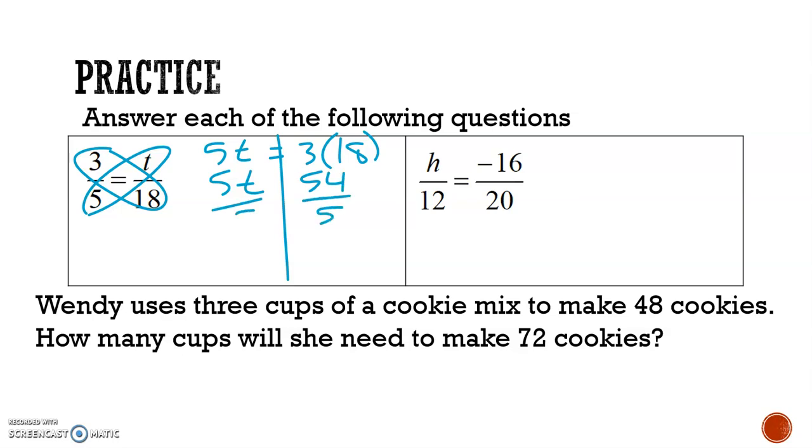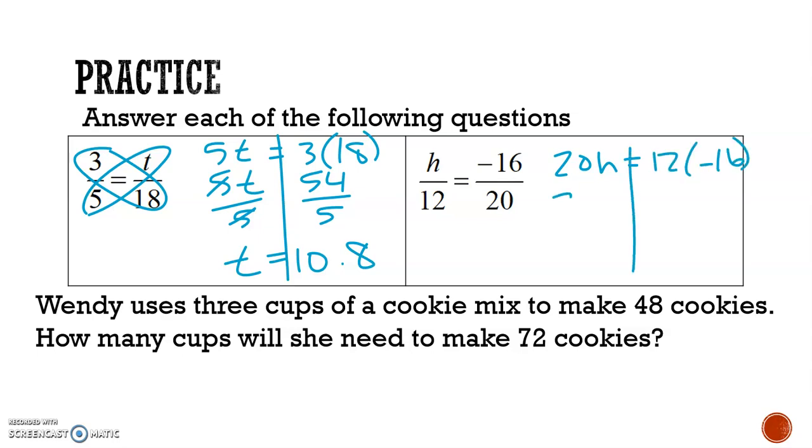Divide both sides by 5, and we get 10.8. The next one we have 20 times h, and then 12 times negative 16. Bring down the 20h, 12 times negative 16 is negative 192. Divide both sides by 20, and we have negative 9.6.